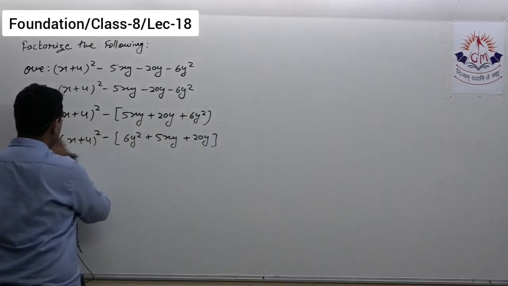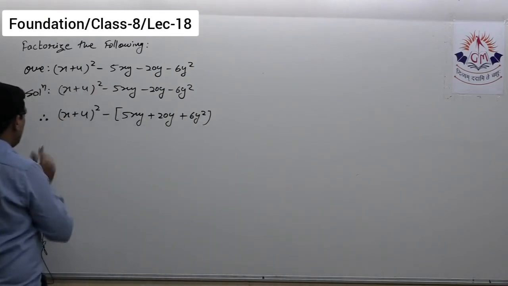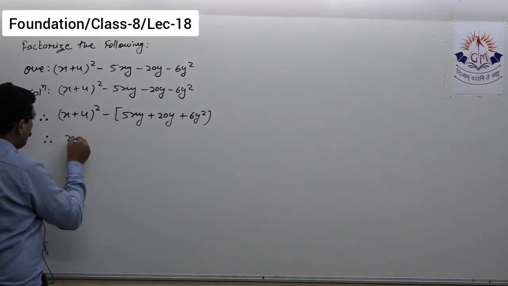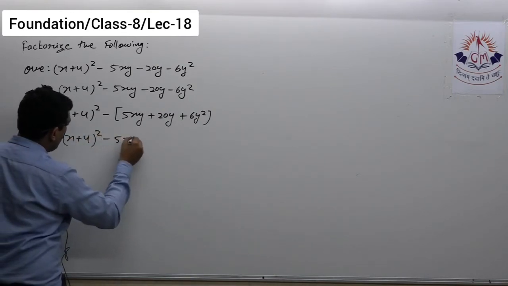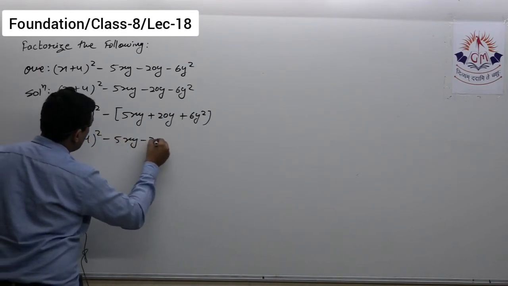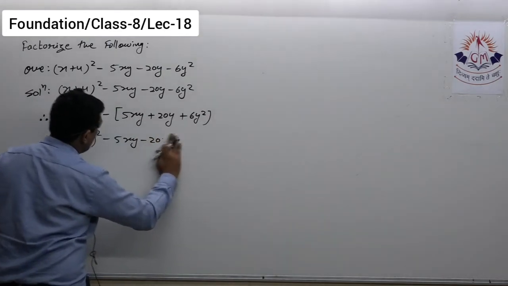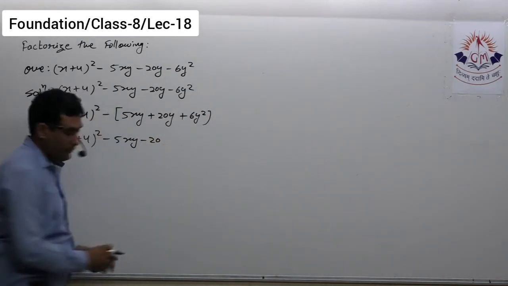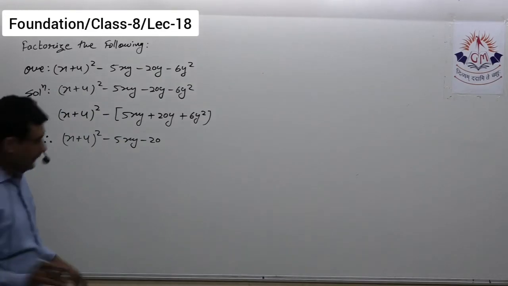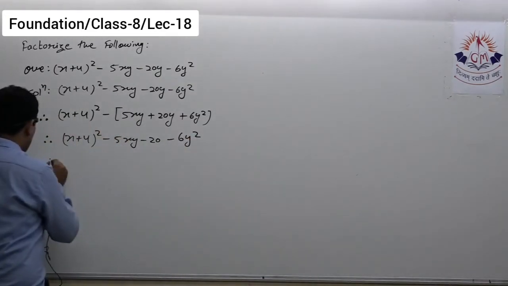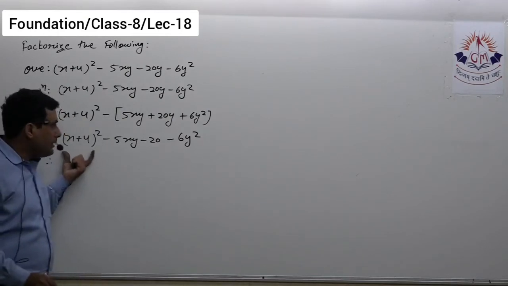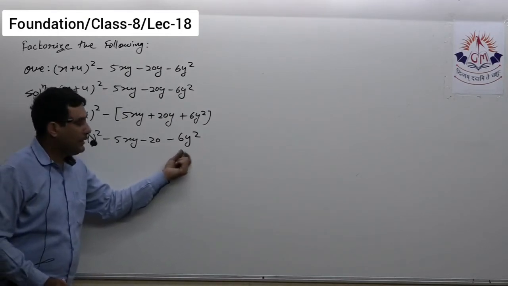So let me rewrite this step once again. Here this is x plus 4 whole square minus 5xy minus 20y and minus 6y square. Okay, so it's quite possible that this is a square and this might be b square.